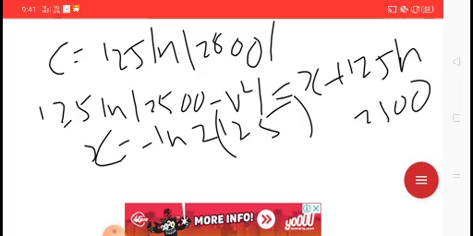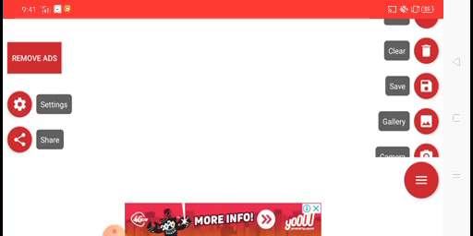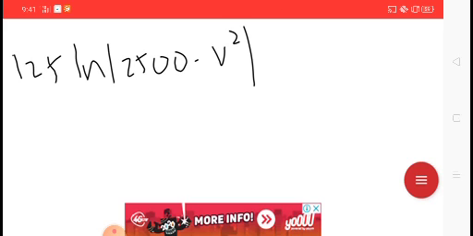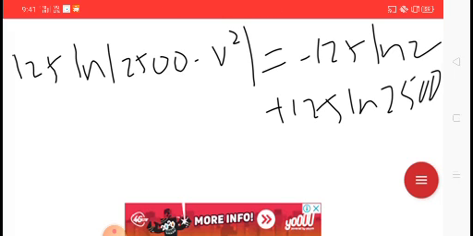Okay, so substitute back into the original equation. So you will have an equation that is similar: 125 ln 2500 minus v squared is equal to negative 125 ln 2 plus 125 ln 2500. Okay, so you have this equation.